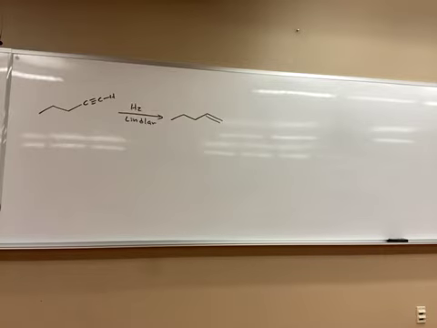I had 3 choices there. Because the Lindlar catalyst won't completely get rid of your double bond. Boom. And why didn't I use sodium and ammonia? Could I have used sodium and ammonia? Yeah. Why do you think I did?